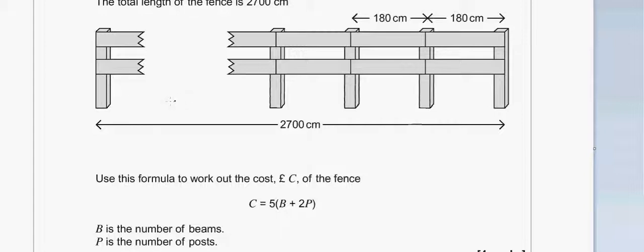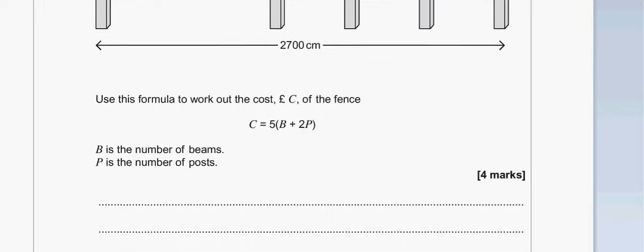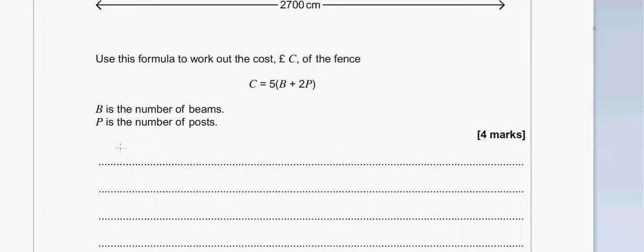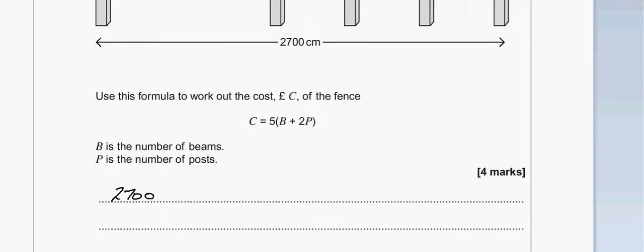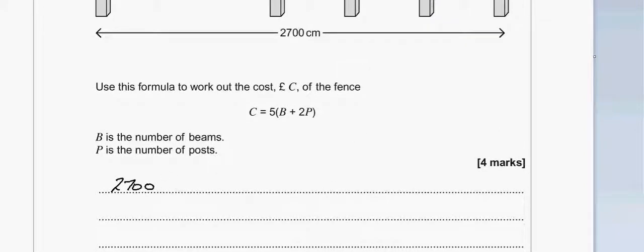It gives the impression that you're just repairing the fence, but he wants a whole fence. So this would be 2,700 divided by 180.